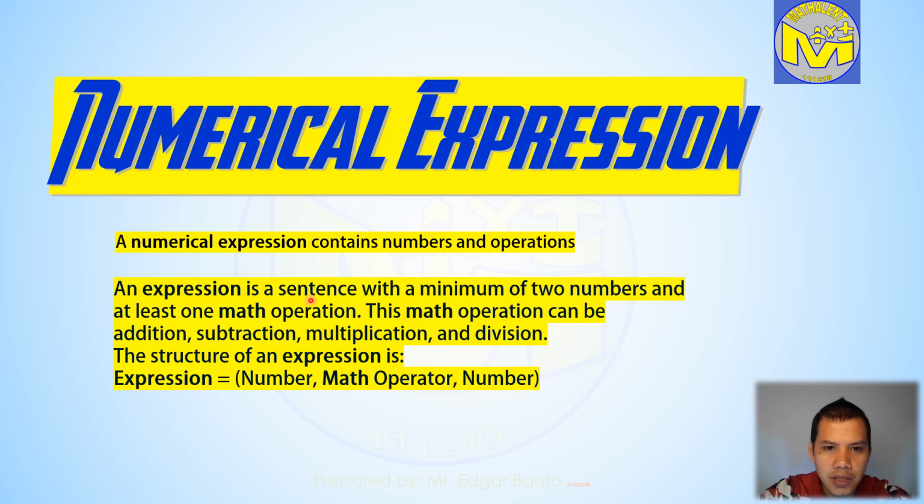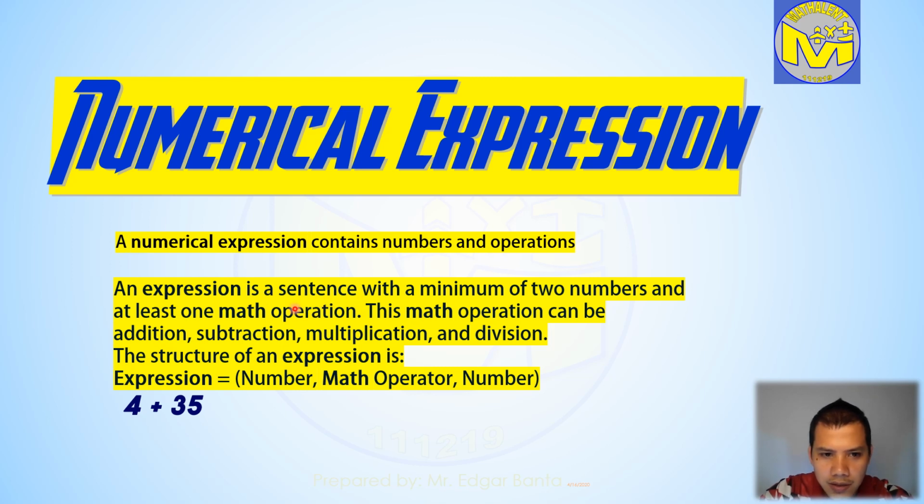An expression is a sentence with a minimum of 2 numbers and at least one math operation. This math operation can be addition, subtraction, multiplication, and division. The structure of an expression is: number, math operator, and a number, like 4 plus 35.